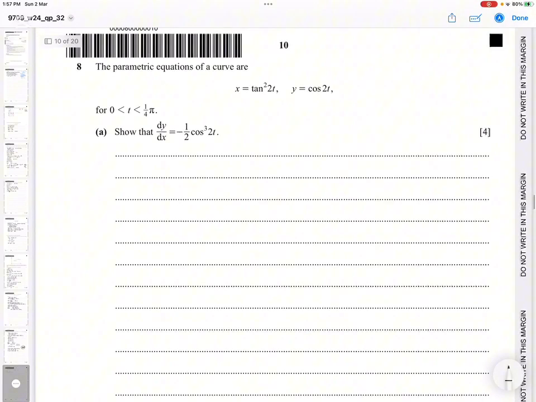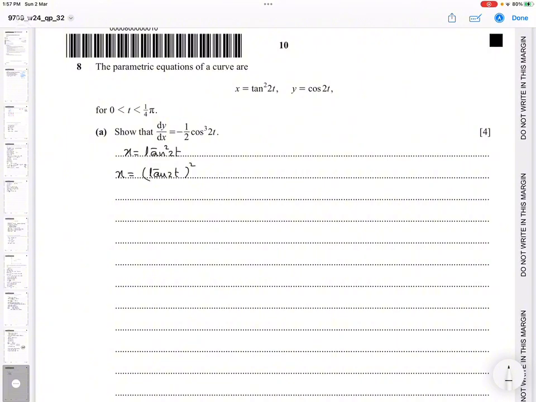Question number 8. Parametric equations of the curve are these, and show that dy by dx is equal to minus 1 over 2 cos cube 2t. So first take x is equal to tan square 2t. I can write x is equal to tan of 2t whole square.